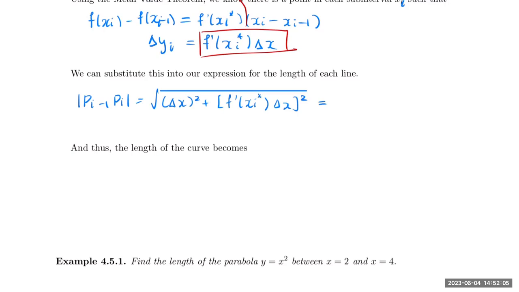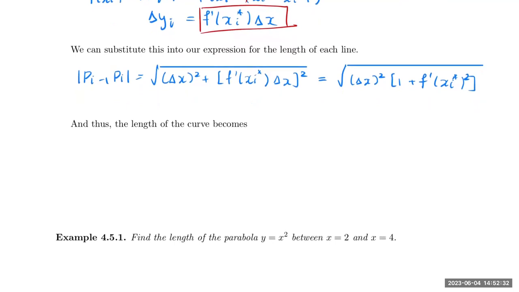So we could write this as delta x, whole thing squared, multiplied by 1 plus f prime of x_i star, and whole thing squared. Oh, the derivative squared on the inside. Yep. And then take that out.